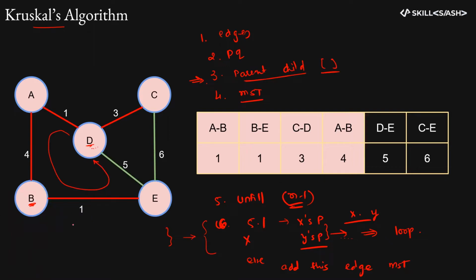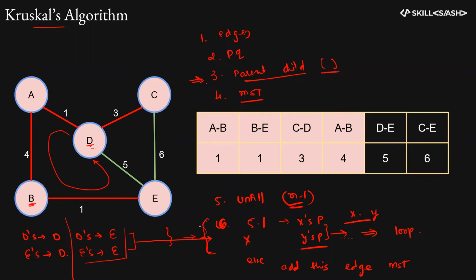What it should give is something like this: D's parent should give E, and E's parent should also give E. Then only can we say that it is going into a loop, otherwise not. Or, for D's parent we should get D, and for E's parent we should also get D. Then and only then can we say that this is going into the loop. So we will see how we implement this.